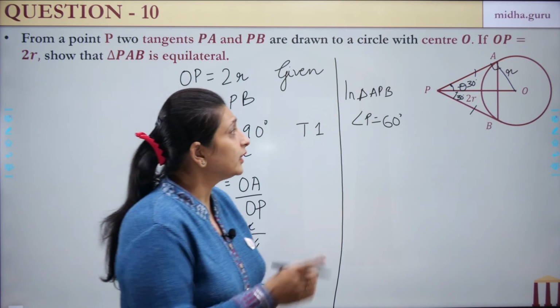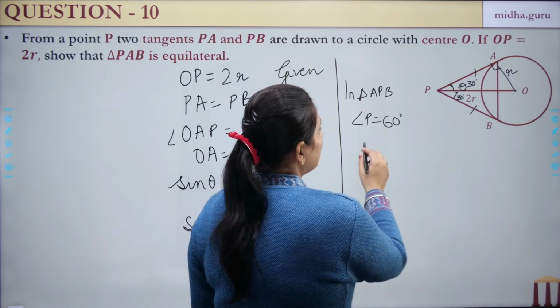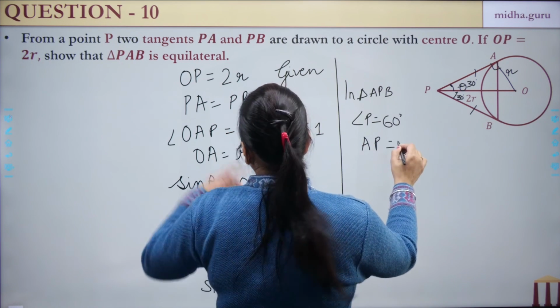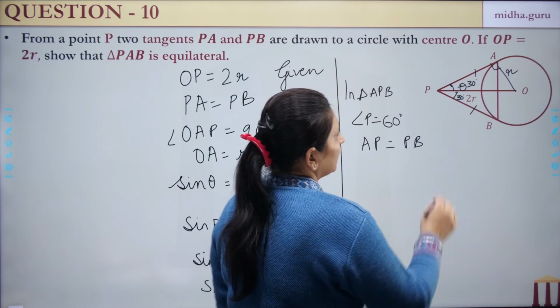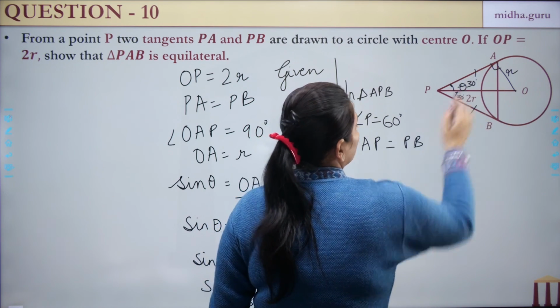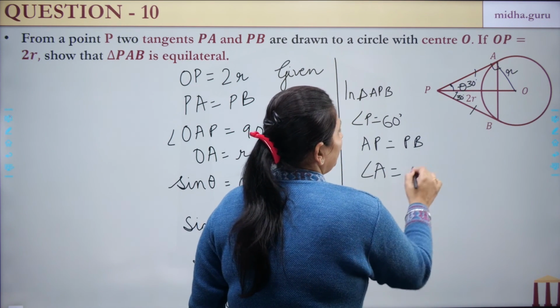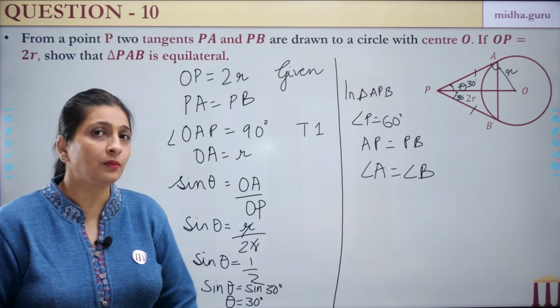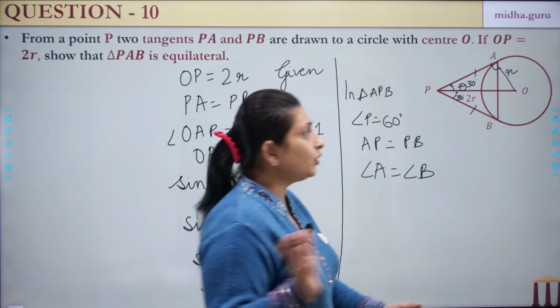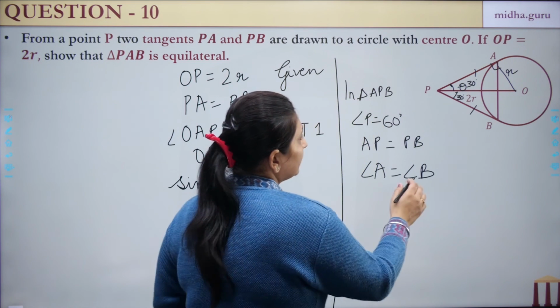Now we know in the same triangle APB, AP is equal to PB, from theorem 3. If these two sides are equal, angle A will be equal to angle B. Angles opposite to equal sides are equal.